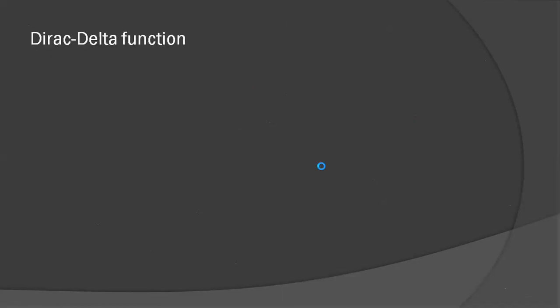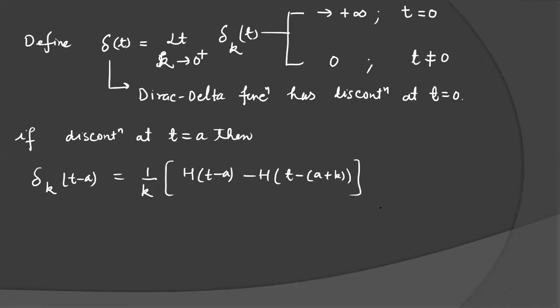We replace t by t minus a, because previously t equal to 0 meant t. So this is your delta kt function with jump discontinuity at t equal to a. Or you can write it in unit step function form: u of a t with a jump discontinuity at a, minus u of a plus k into t, with a jump discontinuity at a plus k.